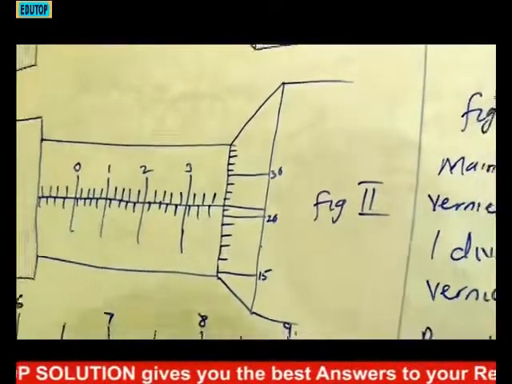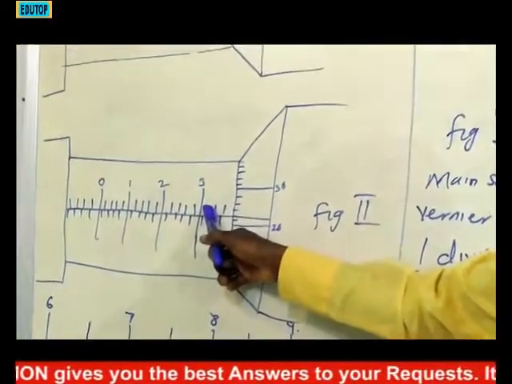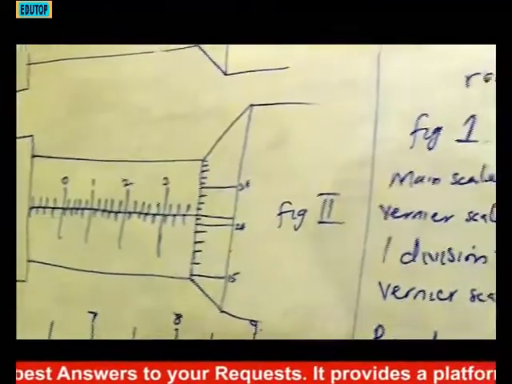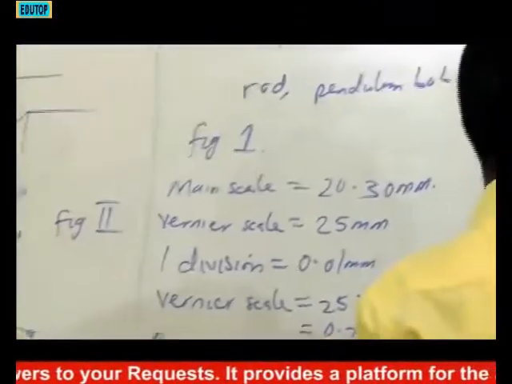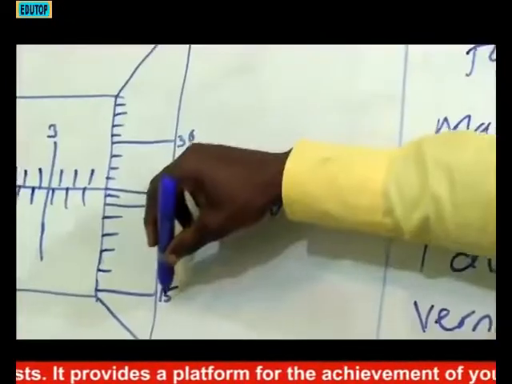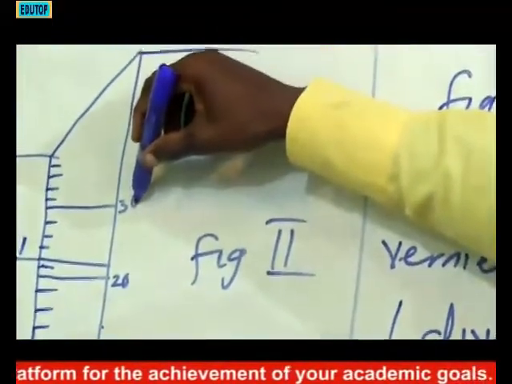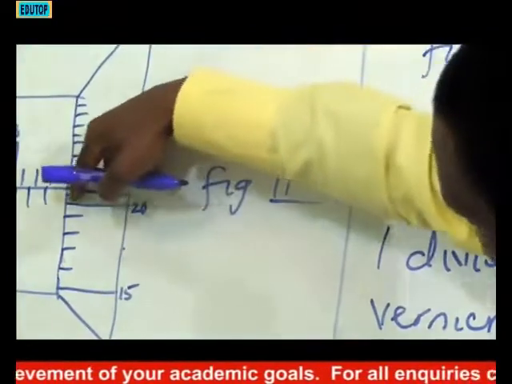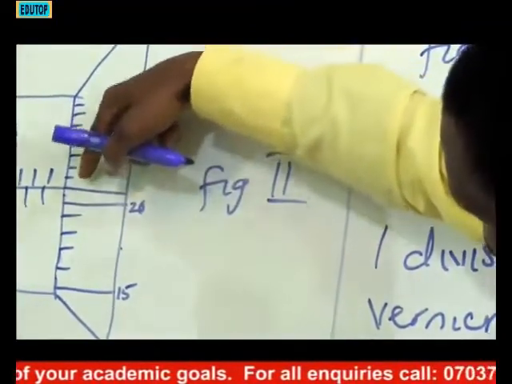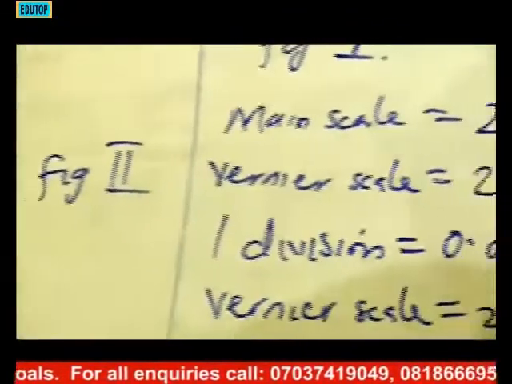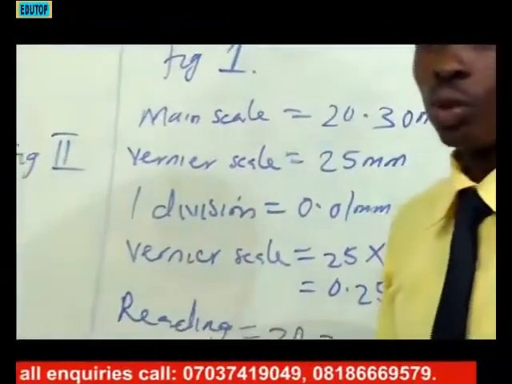Point 1, 3.1, 3.2, 3.3. So 3.30 millimeter. What about the vernier scale? This is 15, 20. The next one is 30. So how do we calculate this one to get 30 here? This is 20, 22, 24, 26, 28, 30. So this is 22.